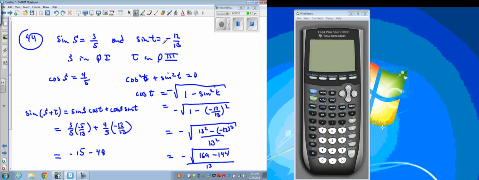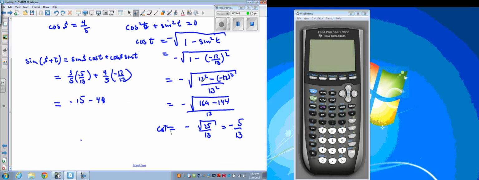Okay, I'm really confused. How did you get 5? It's the square root of the numerator and the square root of the denominator. See, this radical is the square root of the whole thing. And this denominator is 13 squared.